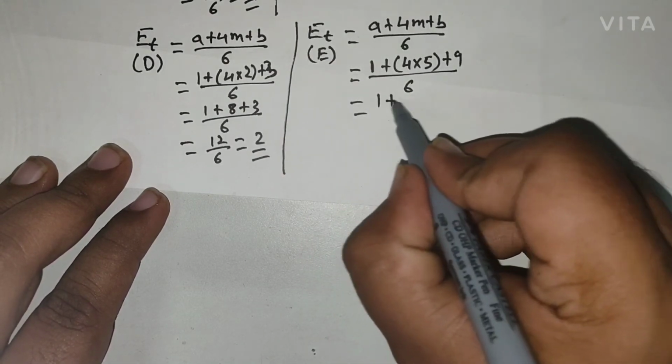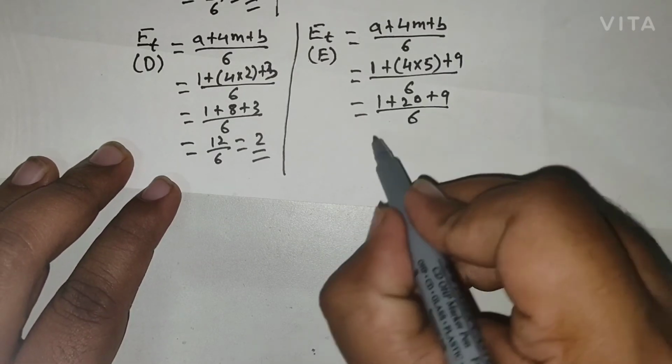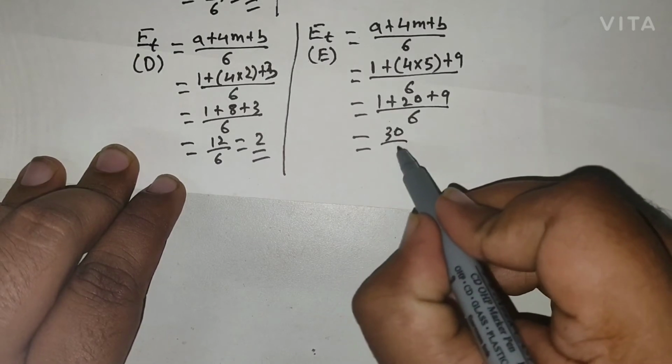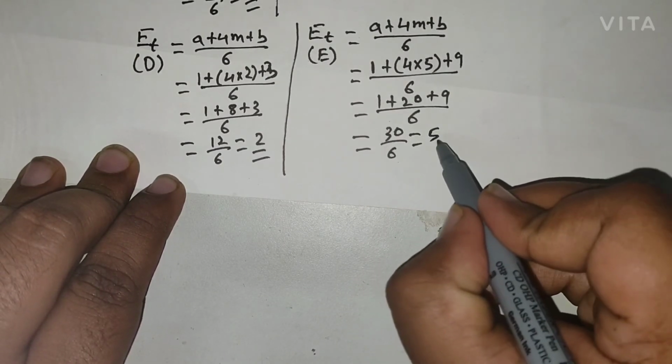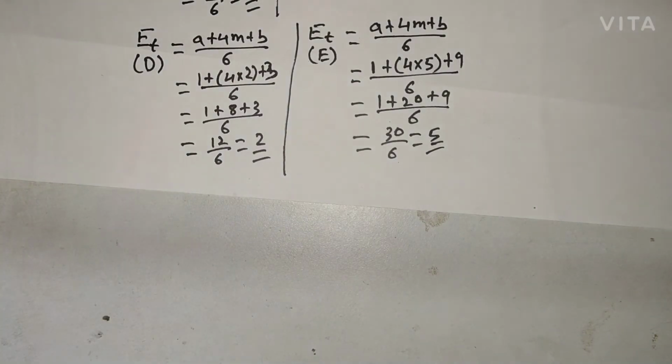So this will be 1 plus 20 plus 9 divided by 6, that is equal to 30 divided by 6, which is 5. So 5 will be the expected time for activity E.